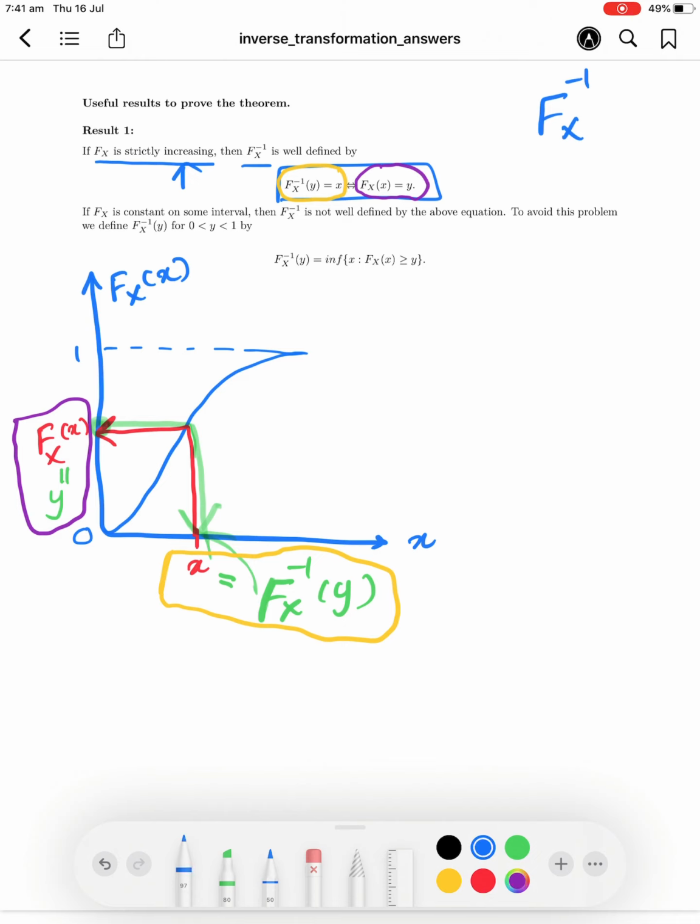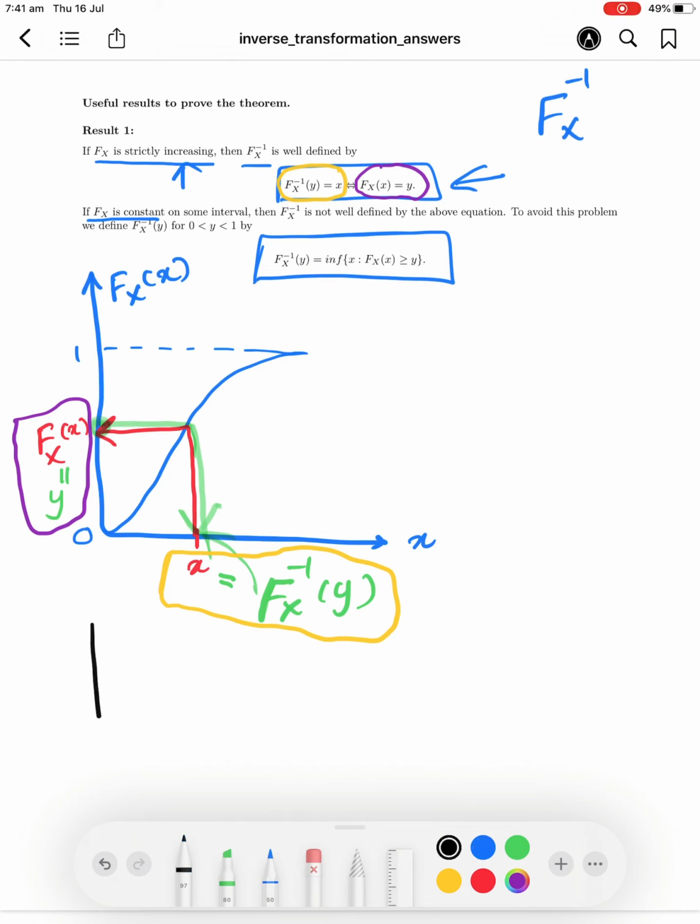However, if F_X is constant on some interval, then F_X inverse is not well defined by this. To avoid this problem, we define F_X inverse of y using this.